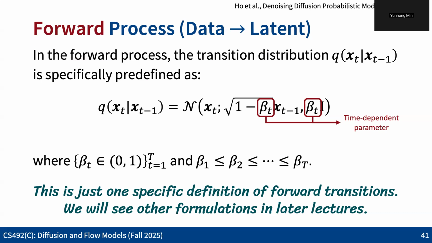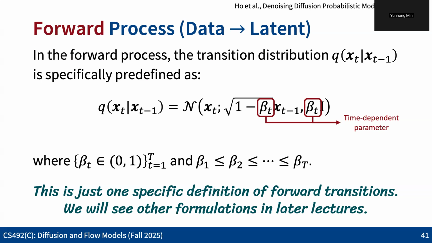The meaning of this transition distribution is that beta t is increasing from 0 to some number. So beta t is a non-decreasing function. Over time, beta t will be increasing. But still, we are going to keep all the numbers small enough, like 0.0 something. They will be non-zero numbers and also keep increasing like this.